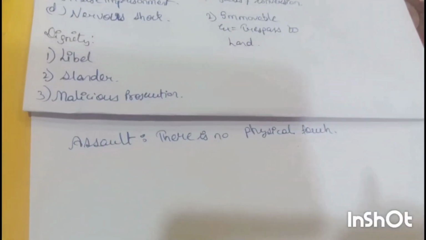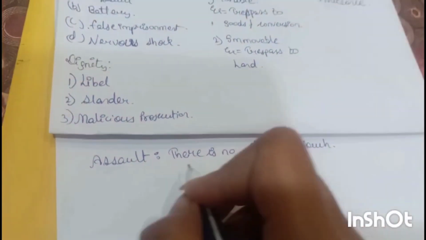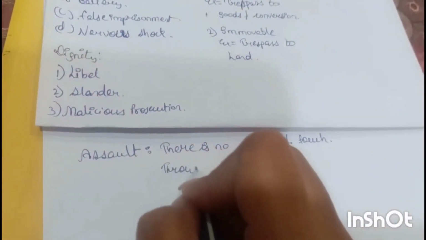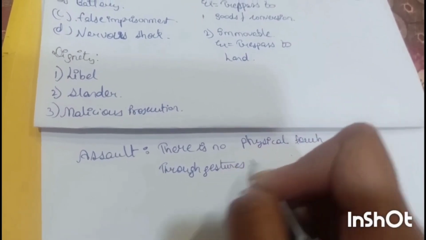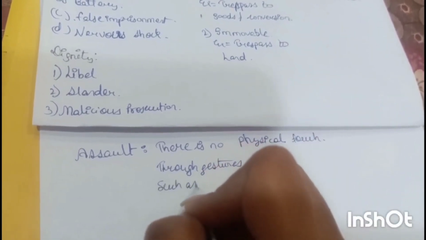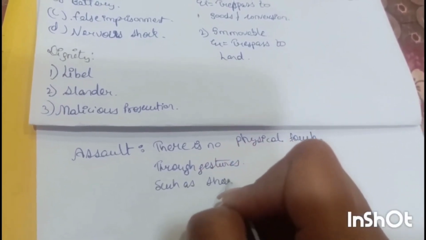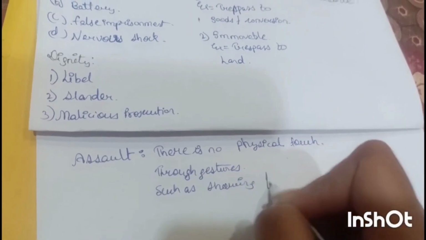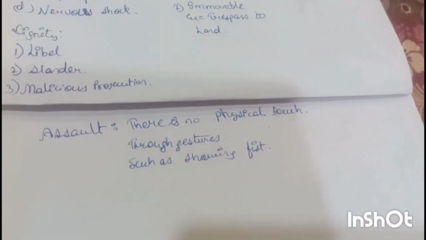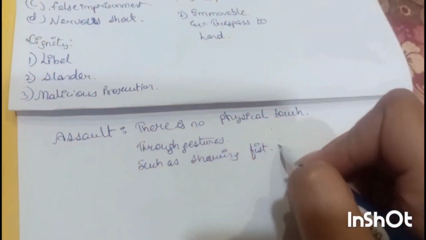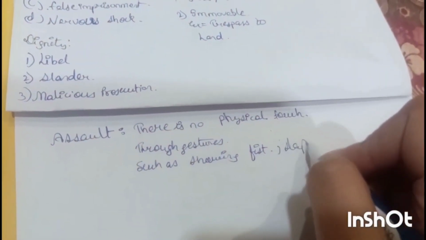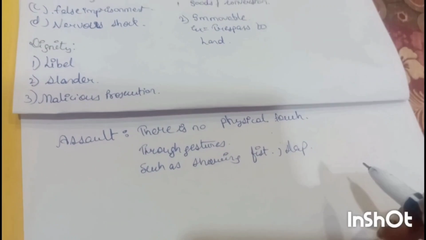But a person makes another person fear through gestures such as showing a fist so that the other person feels scared, or showing the slap, but no actual physical touch.